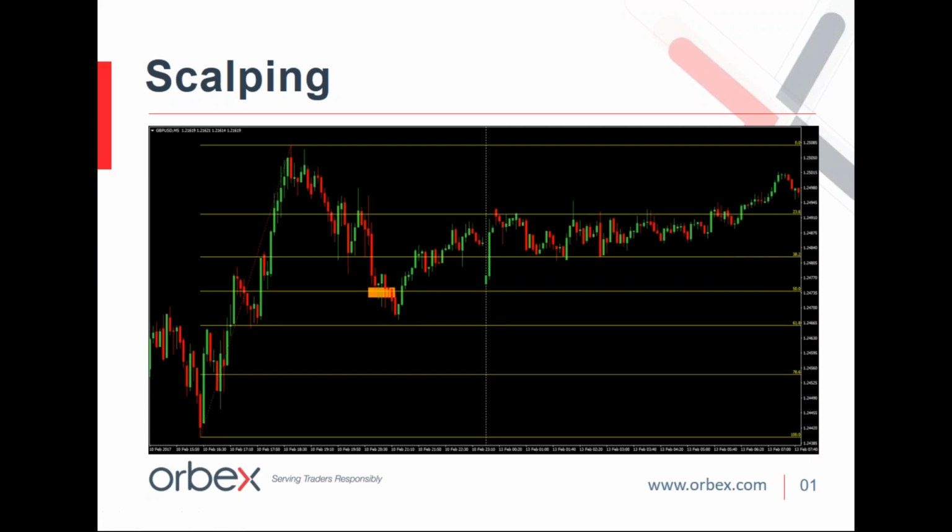And then what we want to do is place our stop below the 61.8% retracement level, which is this next Fibonacci retracement level here. And then all we're looking to do is target a move back up to the 23.6% retracement level here, okay? So this is a very simple 2-to-1 risk-reward strategy that we can apply.